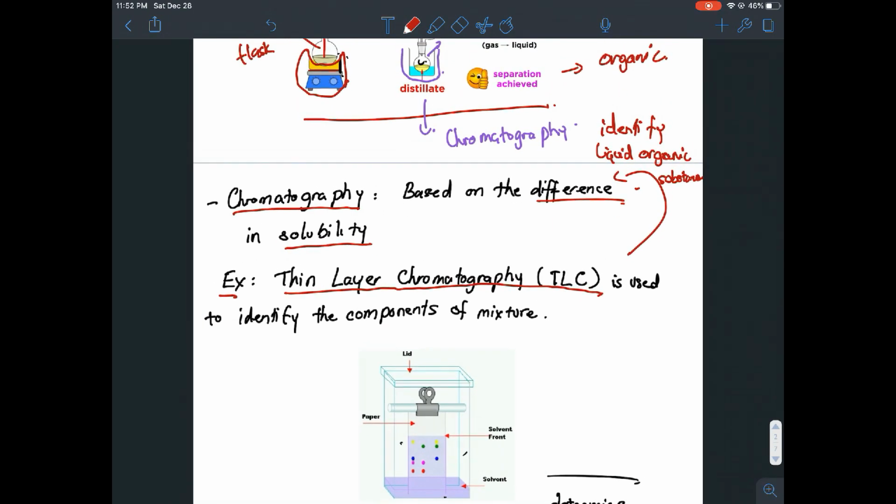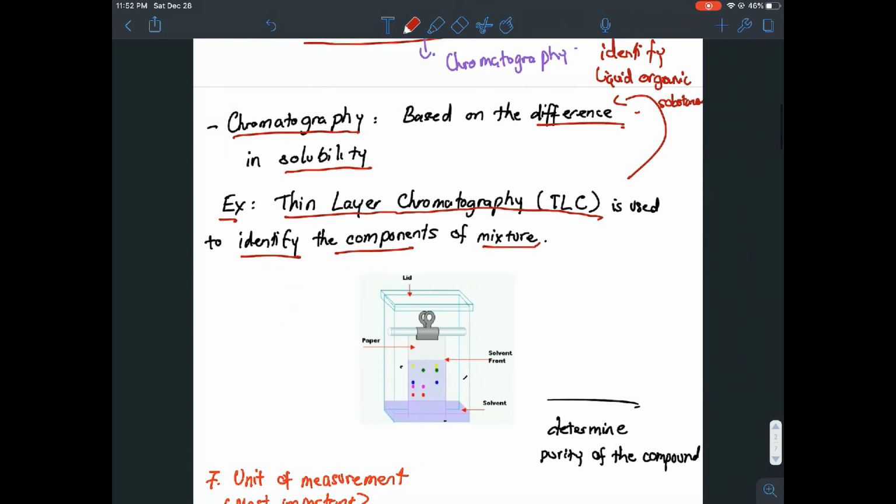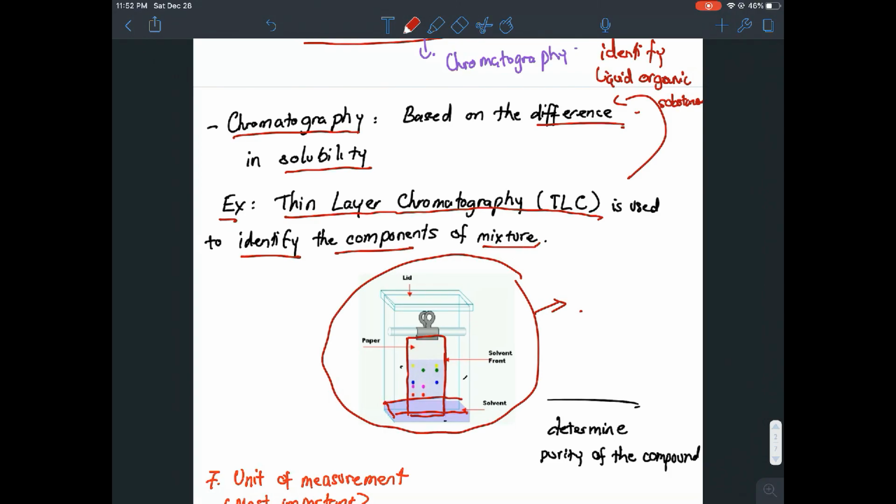As I mentioned above, it is to identify the components of the mixture. Here we have the model of the TLC. We have a thin layer paper, and then it's going to be immersed in the solvent. Okay, the solvent would travel up to the solvent front.